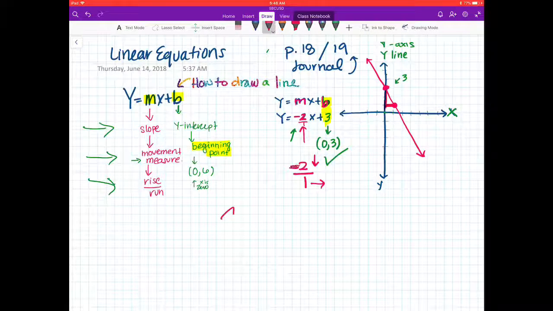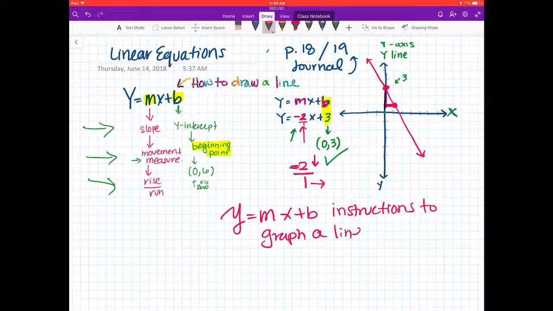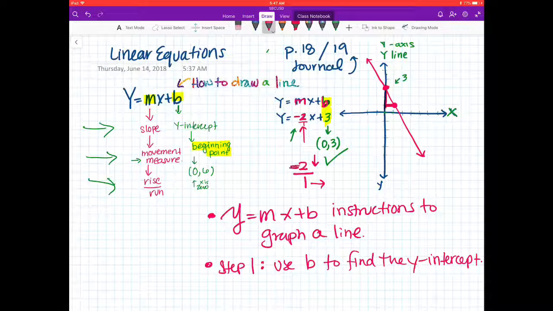So again, the equation y equals mx plus b is the instructions to graph a line. Step 1, use B to find the y-intercept.